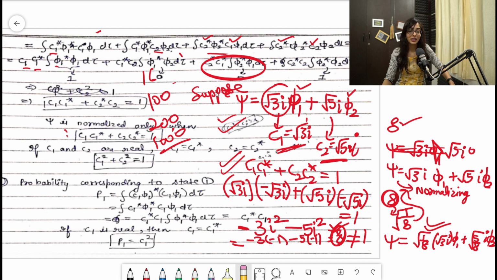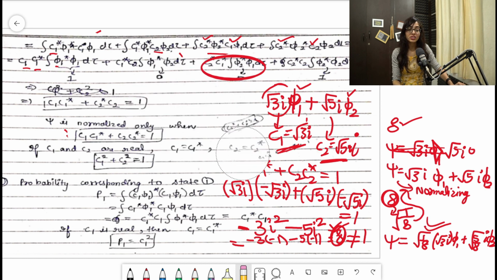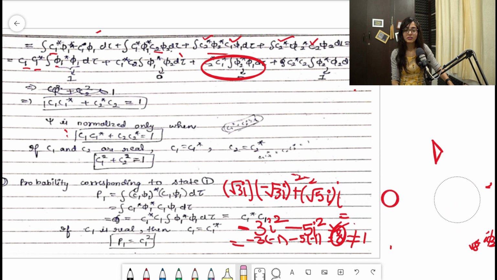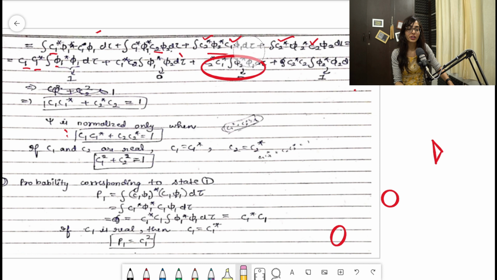I hope this is clear to you guys. Just keep this in your mind: you'll always check whether C1 into C1 star plus C2 into C2 star is equal to 1 or not. If it is not equal to 1, you will take the inverse of that number, then take the under root, and then multiply that with the main equation.